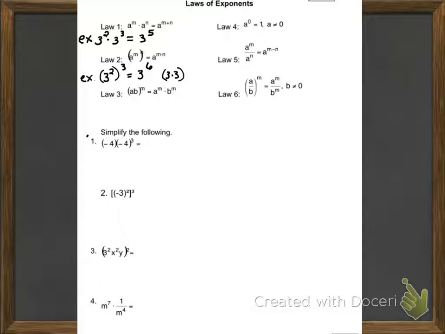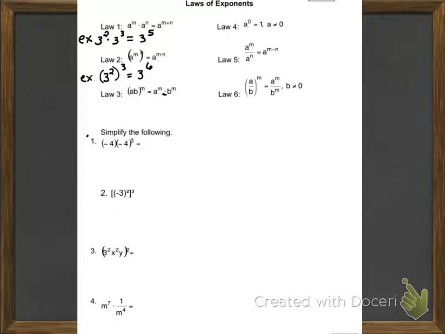So 3 times 3, this is 3 squared, times 3 squared again, which is another 3 times 3, times another 3 squared again, which is another 3 times 3. And you can see that now I have 6 3's. And so that's a shortcut, that you don't have to expand all this out to get the right answer. You multiply your exponents here.